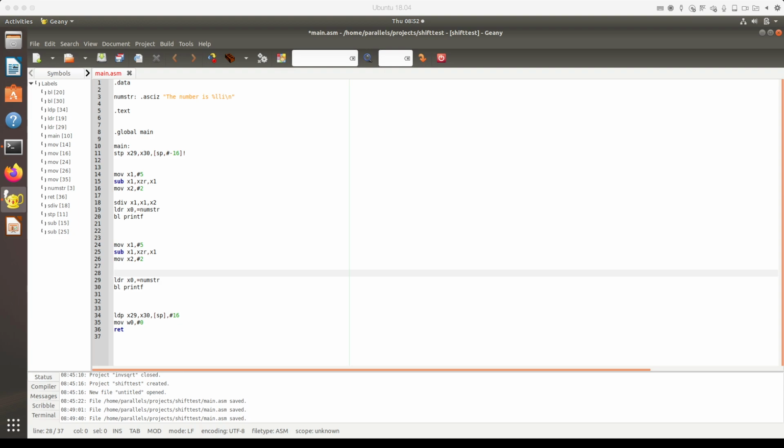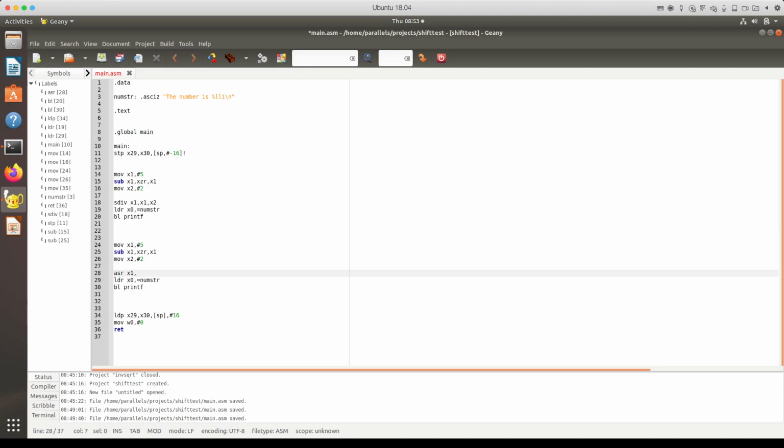Okay, so what's the syntax? ASR, destination register, source register, shift amount. Okay, so what's our destination register? X1. What's our source register?